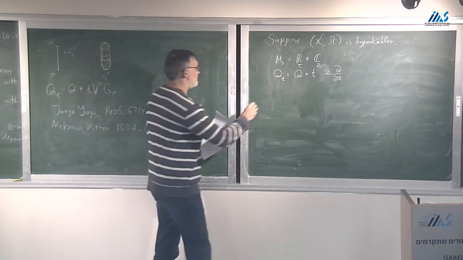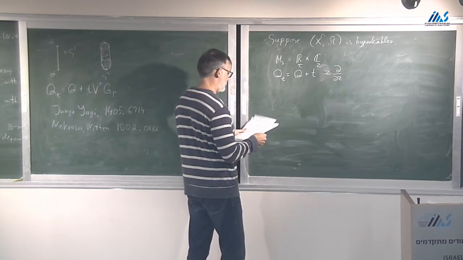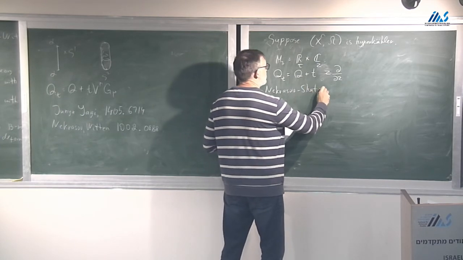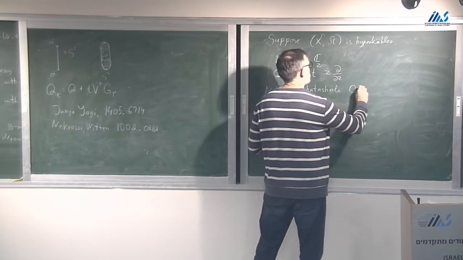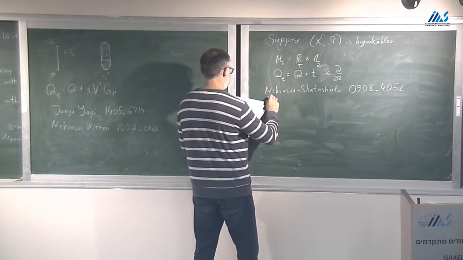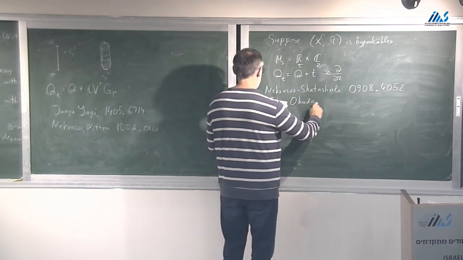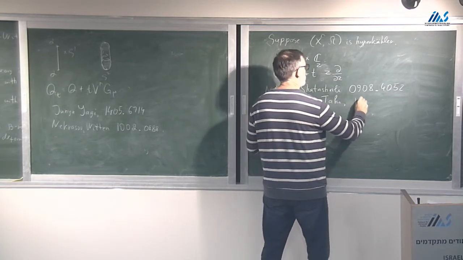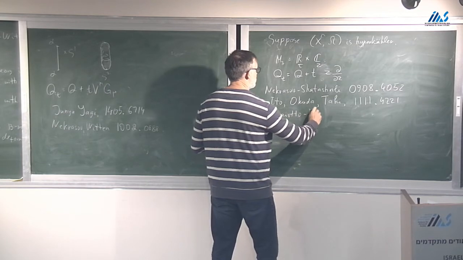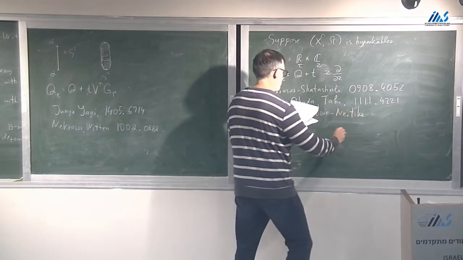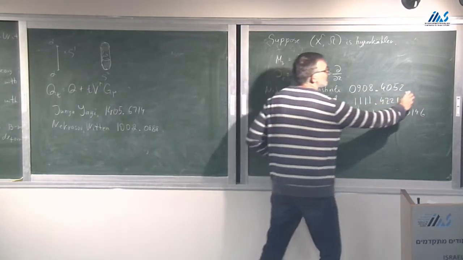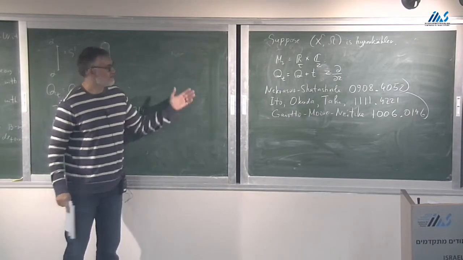Let me just say that various observations of the appearance of deformation quantization can be interpreted in these three-dimensional terms. Some examples are Nekrasov and Shatashvili, and also Ito, Okuda, and Taki, and then Gaiotto, Moore, Neitzke. These papers are about one topic and this is about another, but both can be reduced to some three-dimensional computation.